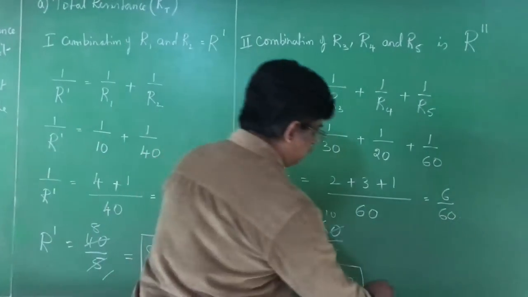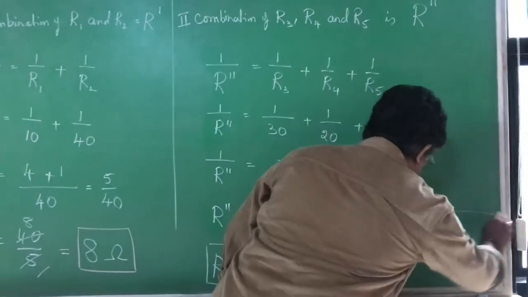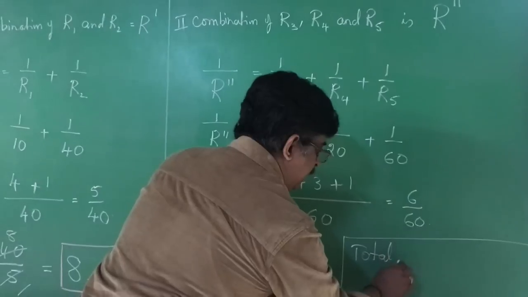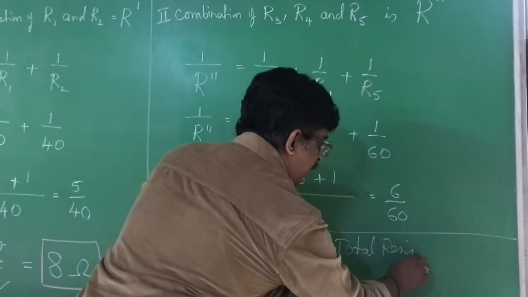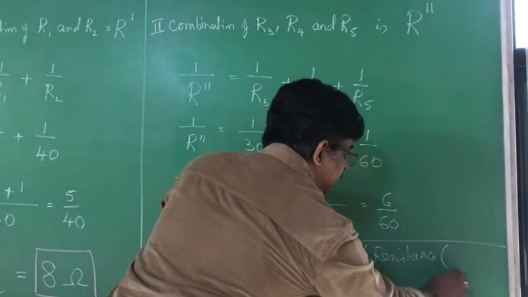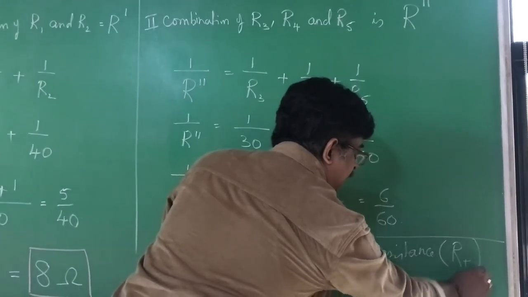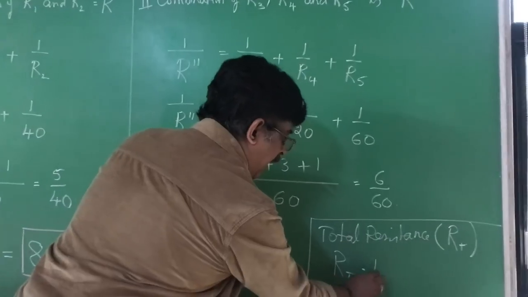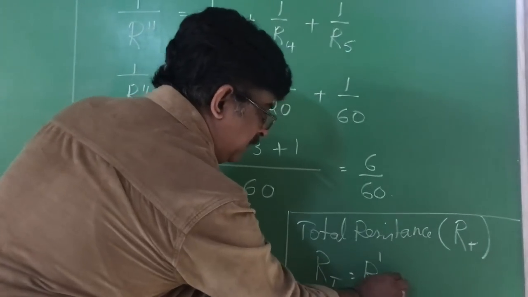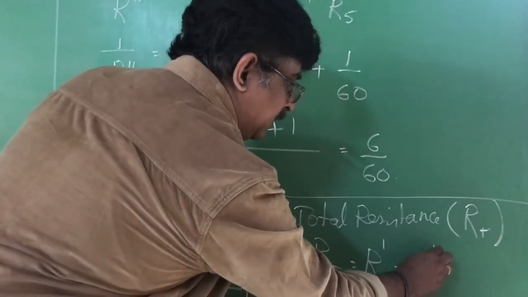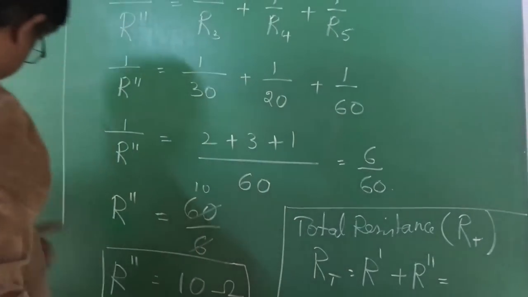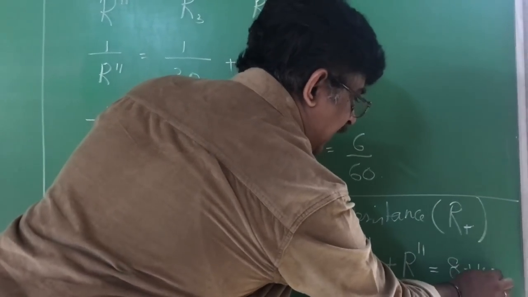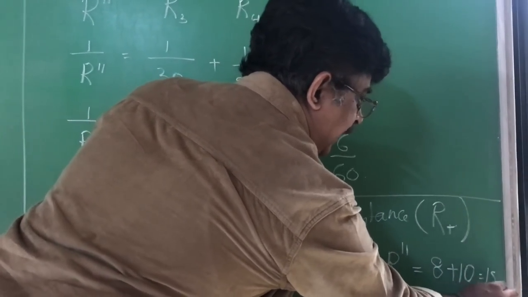Therefore, total resistance, I write it here only. I call total resistance RT, right? RT is equal to R dash plus R double dash. R dash is 8, R double dash is 10, which is equal to 18 ohms.